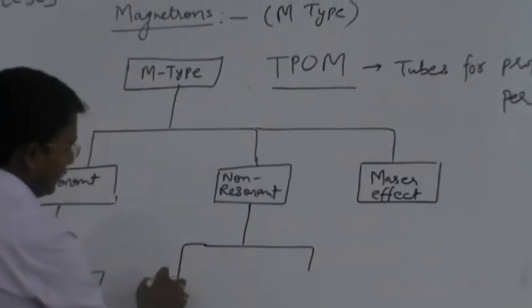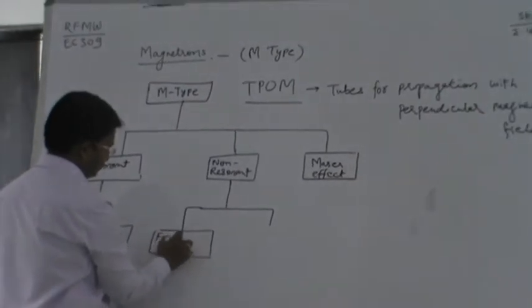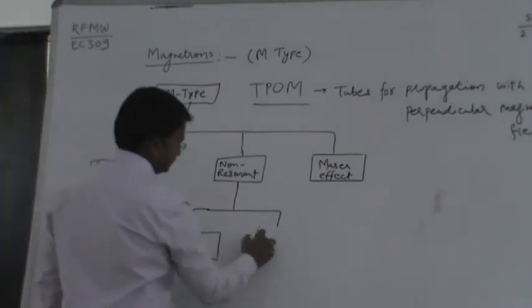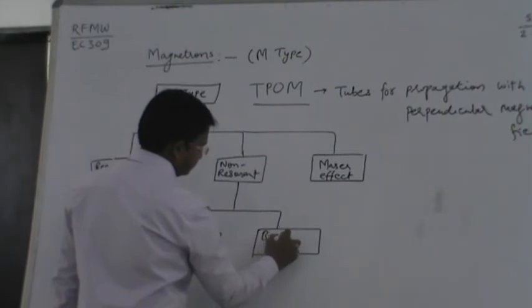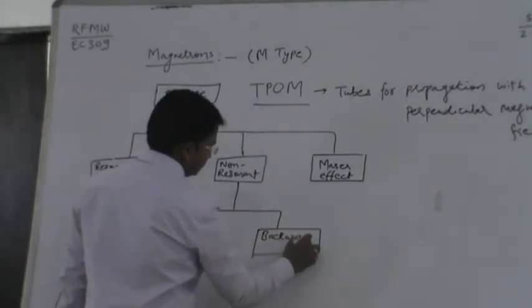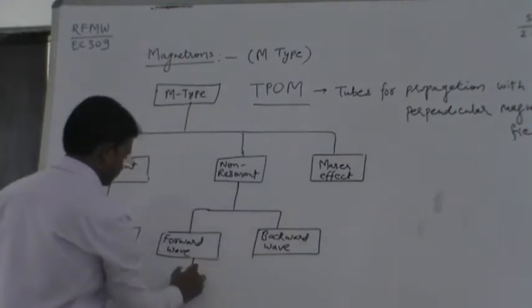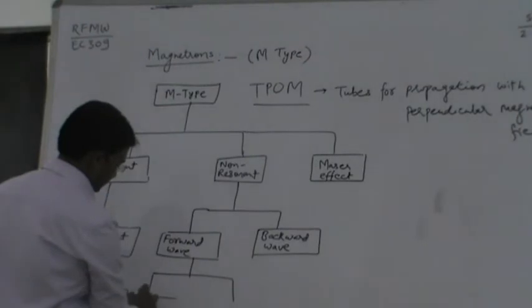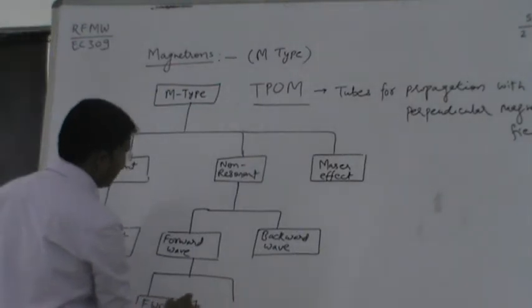If the operation includes the forward wave and backward wave, working on the principle of forward wave, an amplifier is called an FW CFA.